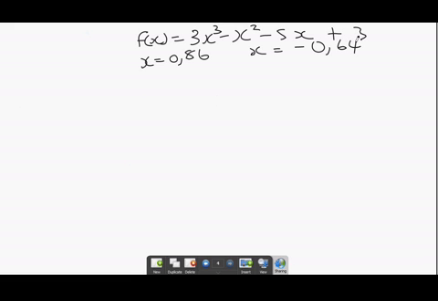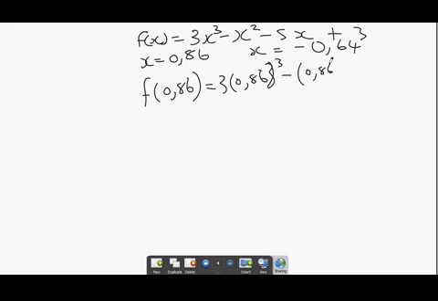Now we can substitute. f of 0.86 is equal to 3 bracket 0.86 cubed, minus bracket 0.86 squared, minus 5 bracket 0.86, plus 3.